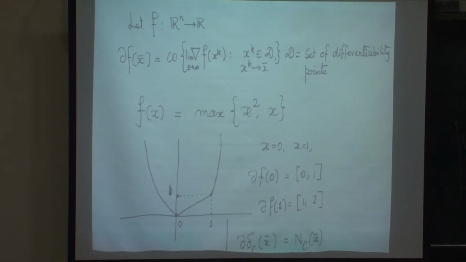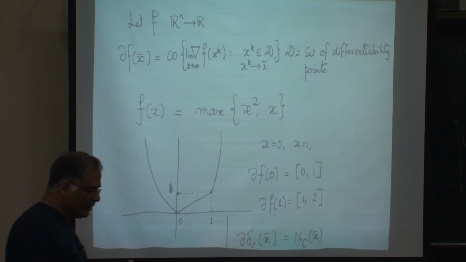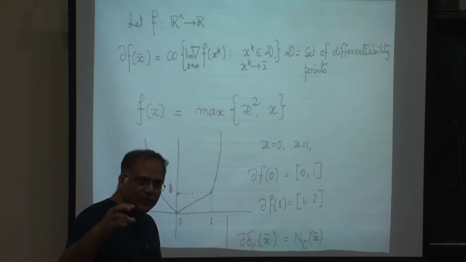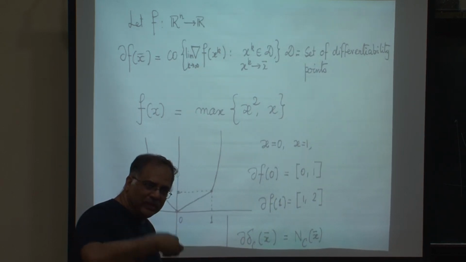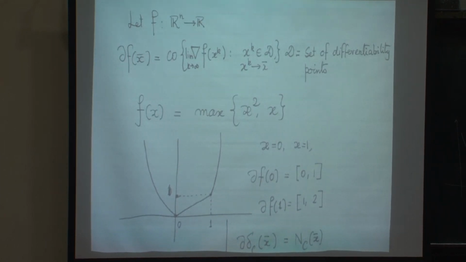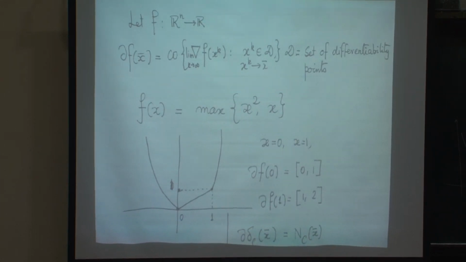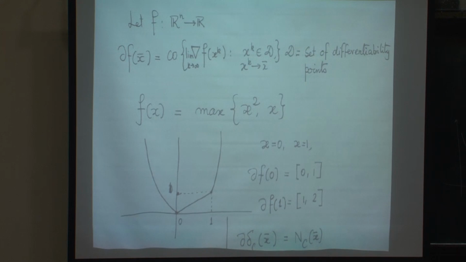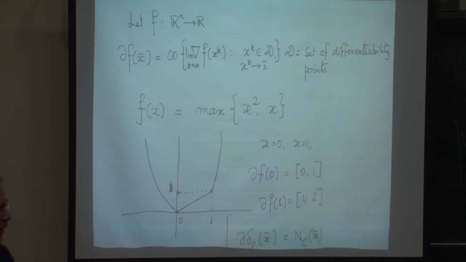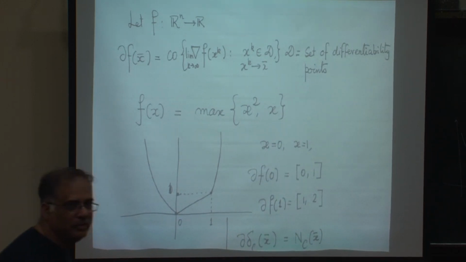You take any sequence xk converging to x bar, take the derivative at each xk, and take the limit as k tends to infinity. You collect all those limit points and take their convex hull, making it into a convex set, and what you get is exactly the subdifferential of f at x bar.